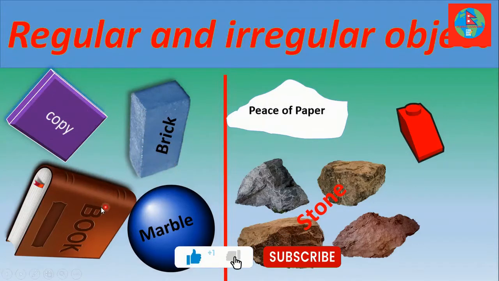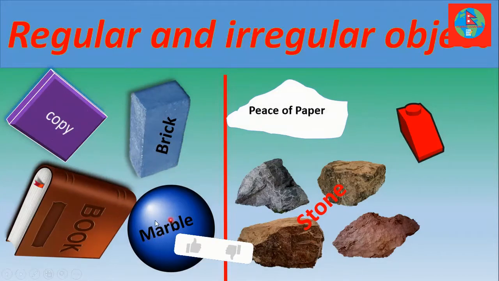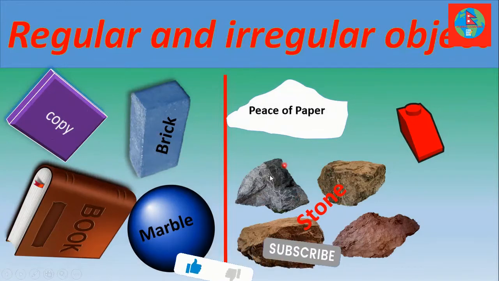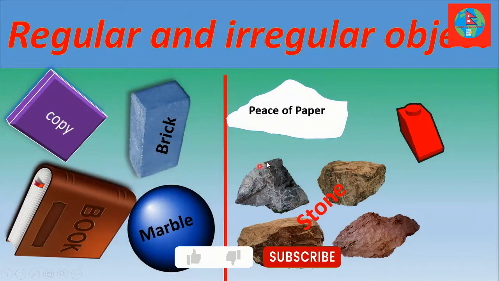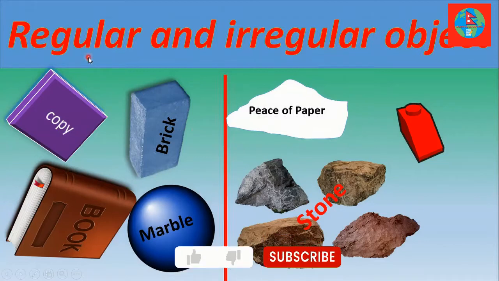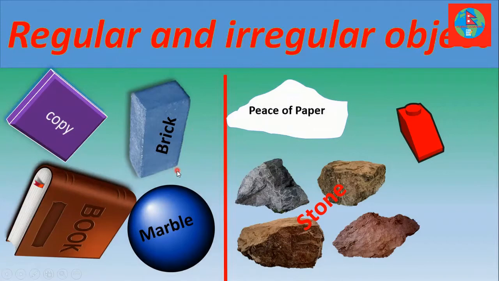This book has fixed shapes, and this marble also has a fixed shape. They are geometrical shapes, and these are non-geometrical shapes. You can find what is irregular and what is regular from these pictures.